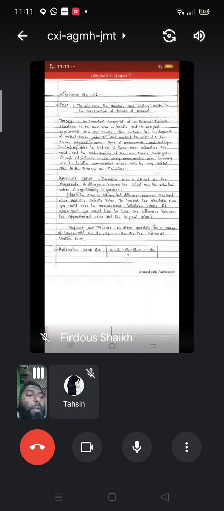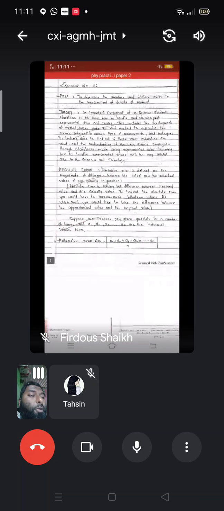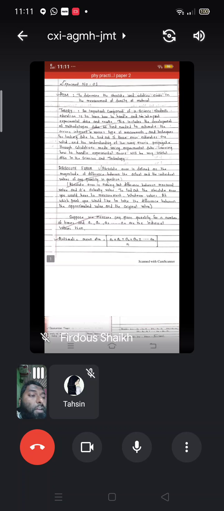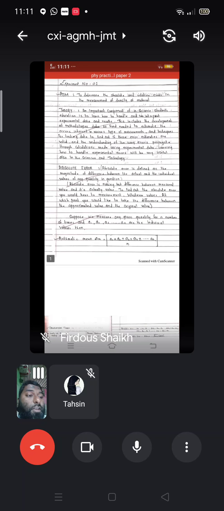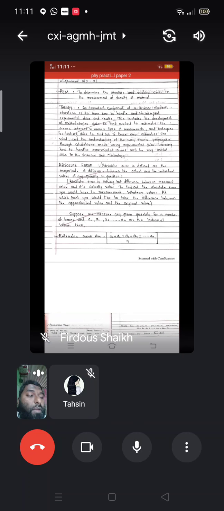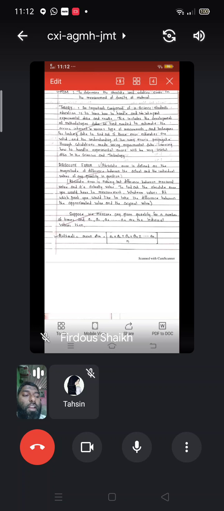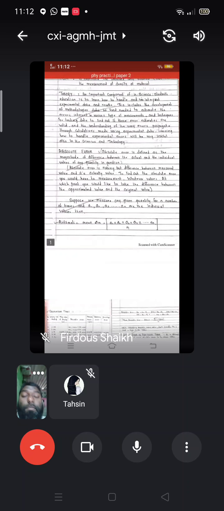This includes the development of methodologies to estimate the errors inherent in various types of measurements and techniques, for testing data to find out if these error estimates are valid, and the understanding of the way errors propagate through calculations made using experimental data. Learning how to handle experimental errors will be very useful also in science and technology.